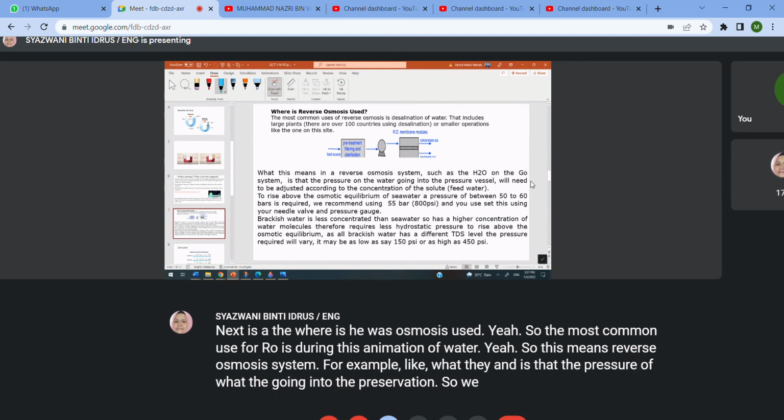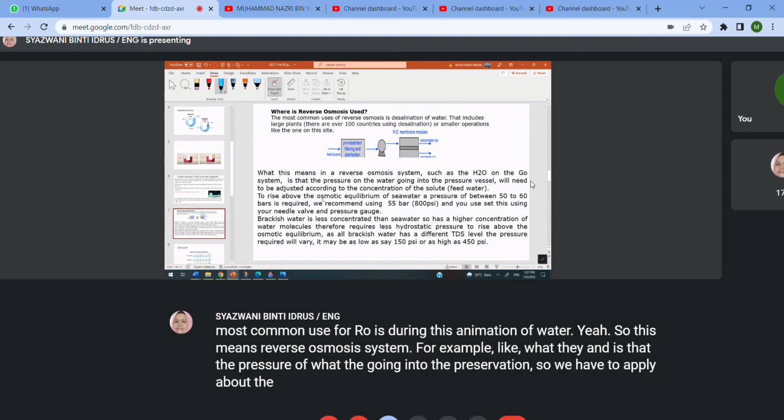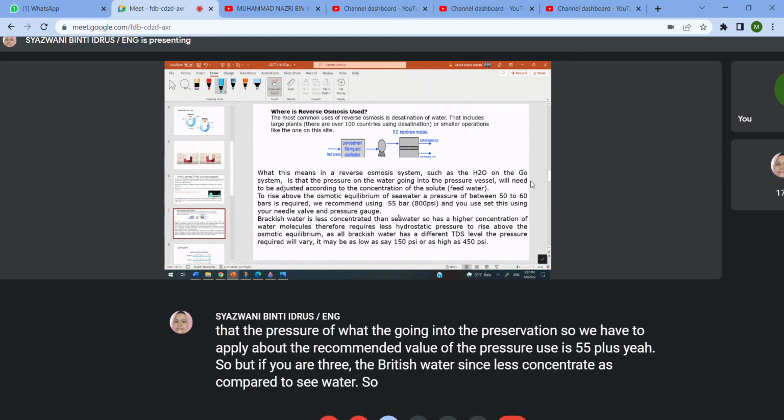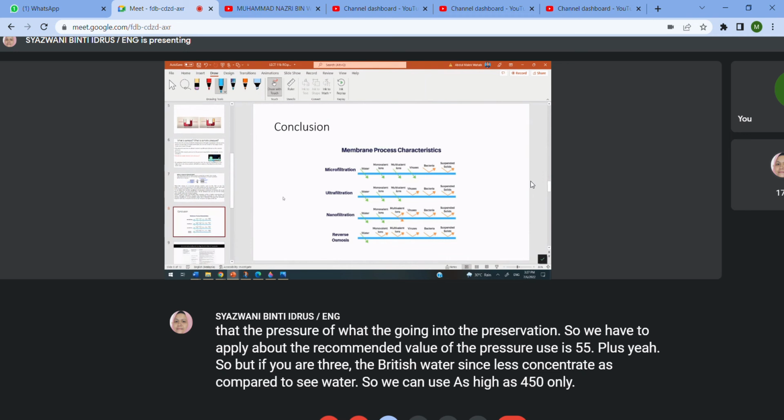The recommended value of the pressure used is around 55 bars. But if you are to treat brackish water, since it is less concentrated compared to seawater, we can use a lower pressure, as high as 45 bars only. Right. So in conclusion.